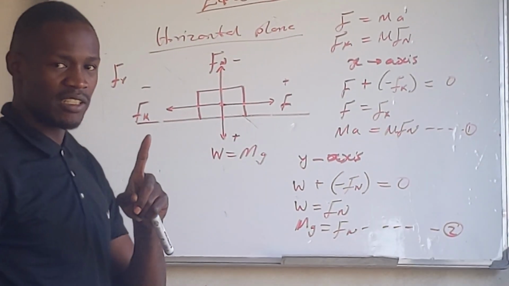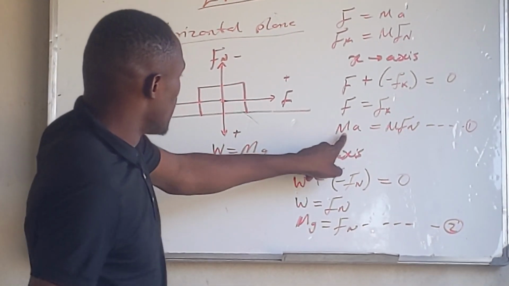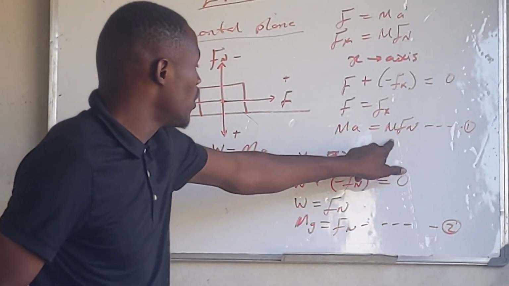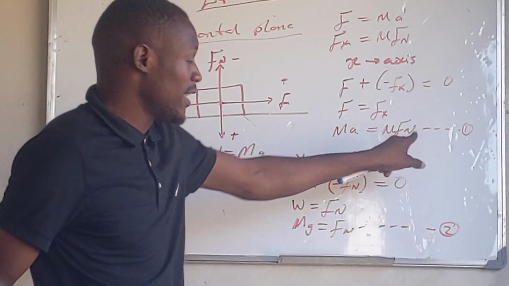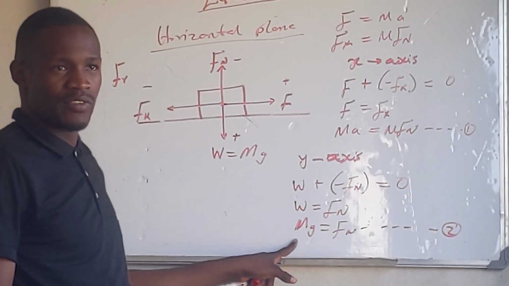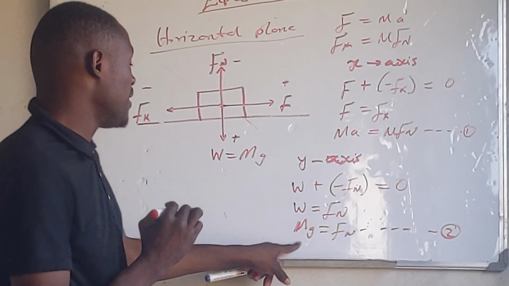In the first equation, remember we said force, which is the forward force, is equal to mu times the normal force. In this case, we discovered that the normal force is mg. Therefore, we can go ahead and replace normal force by mg.